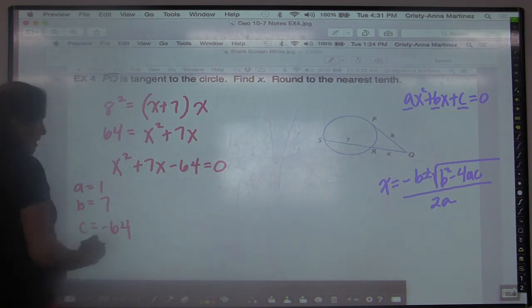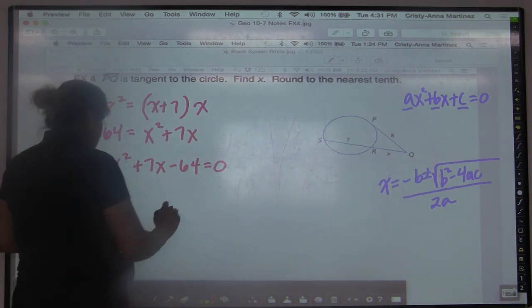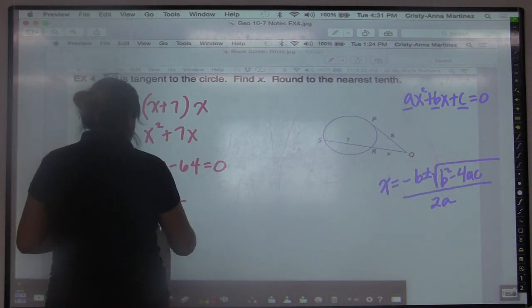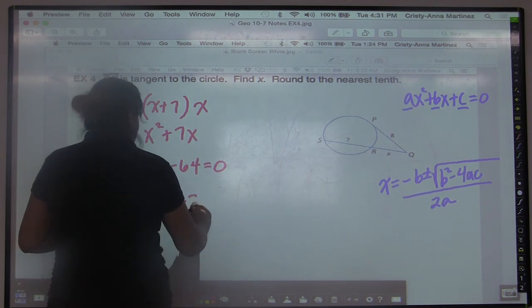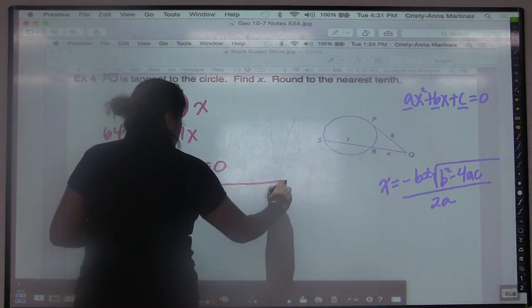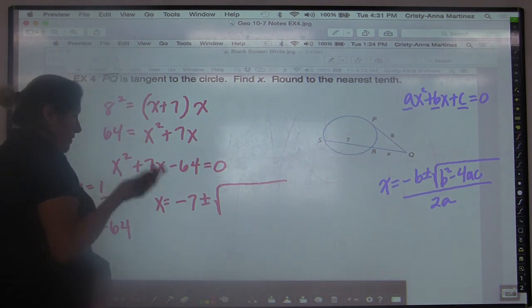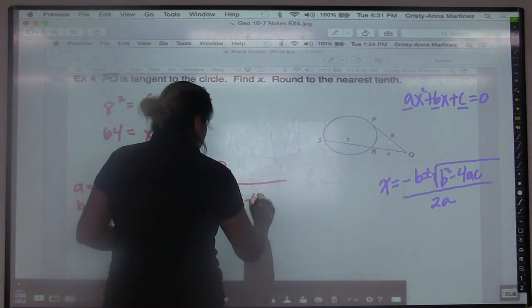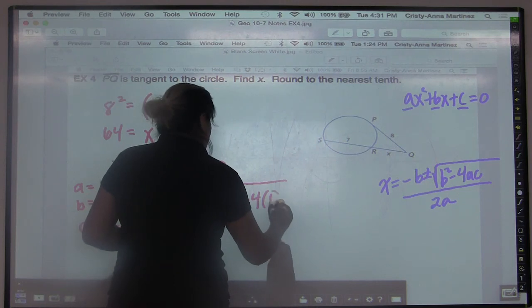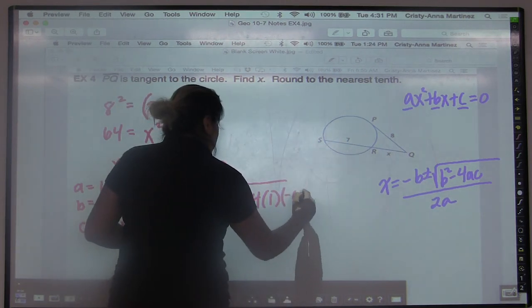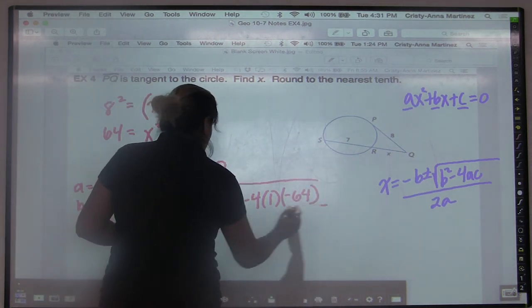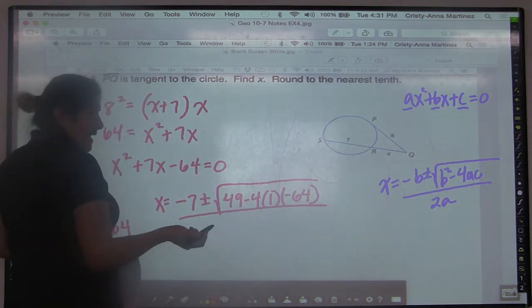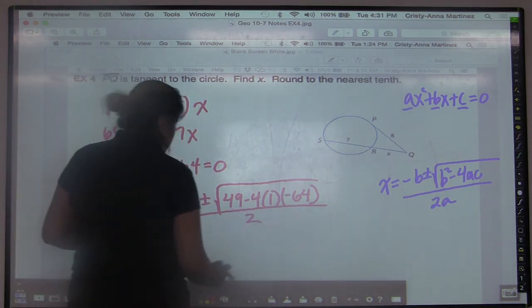So using those values, I'm going to plug it into my quadratic formula and get x equals negative 7 plus or minus the square root of b squared, so 7 squared, which is 49, minus 4 times a, which is 1, times c, which is negative 64, all divided by 2 times a, but in this case a is 1, so all divided by 2.